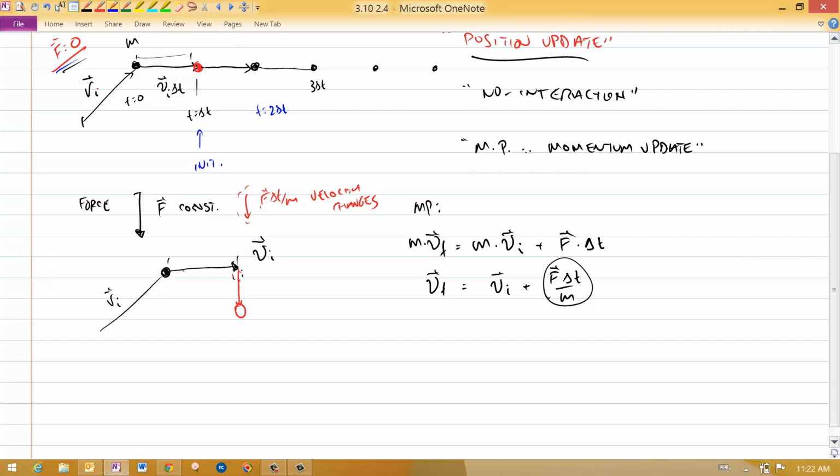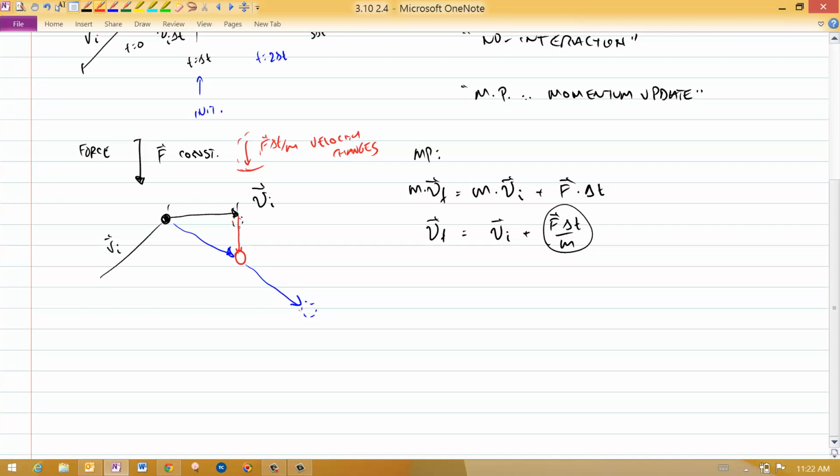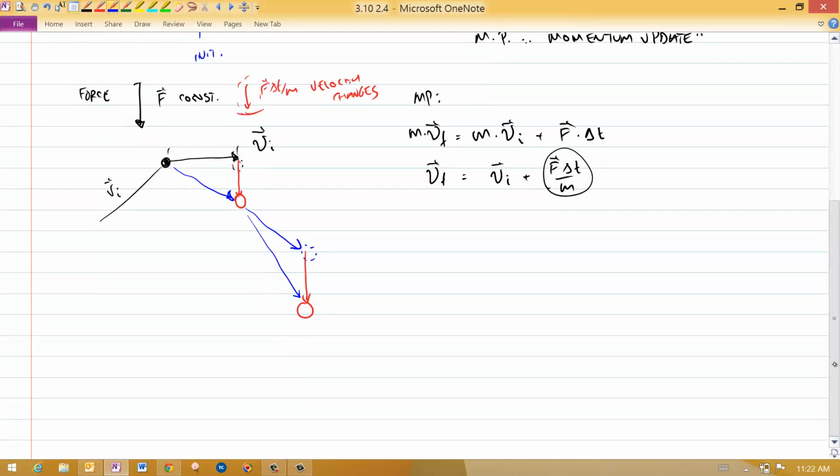That is my new estimate for the velocity, and now this is my new initial. If the force turns off, this little blue arrow would tell me where the particle would wind up, but it's not, because the force is changing the velocity. So I add this little red vector, and that is the actual final velocity.